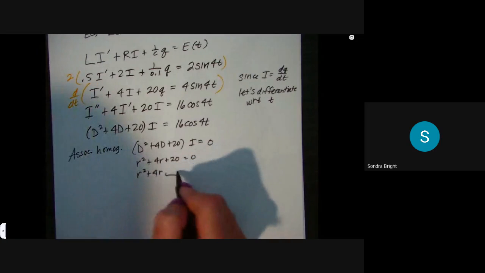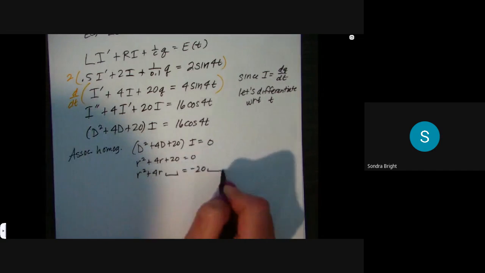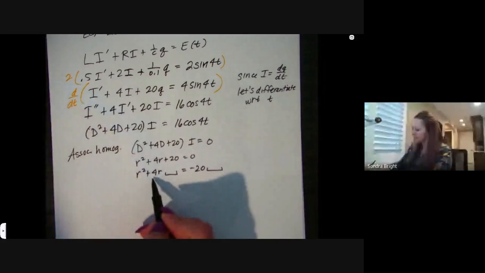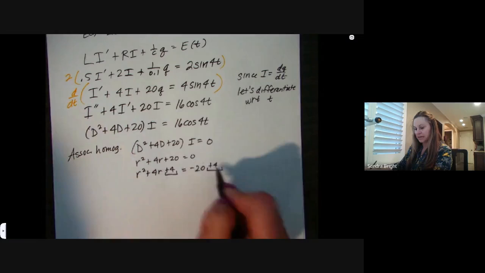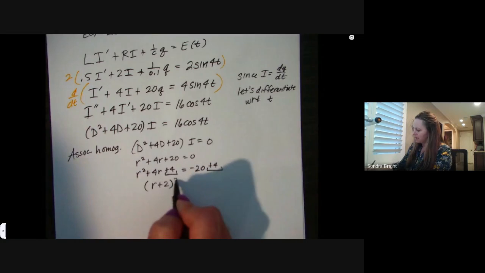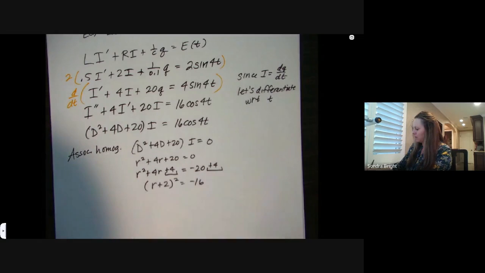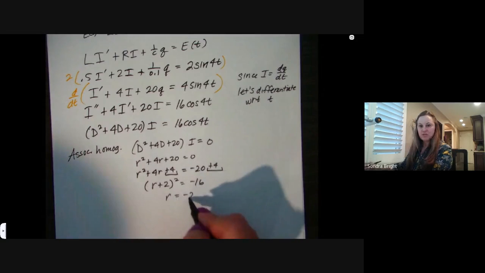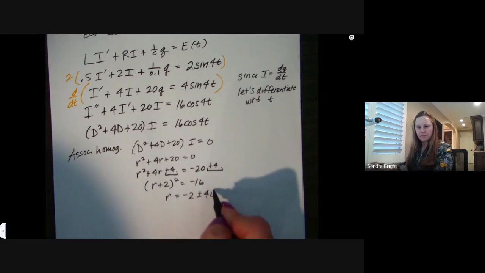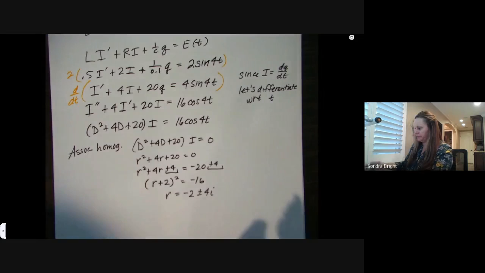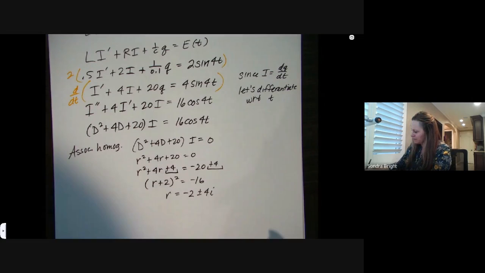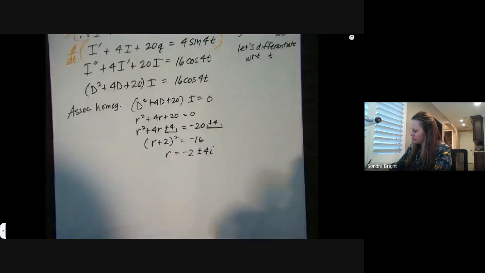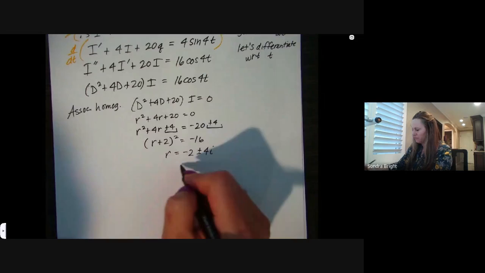And that would be 4 divided by 2 is 2. 2 squared is 4, so I'm adding 4 to both sides, which gives me an r plus 2 quantity squared is equal to negative 16. And so that will give you an r equals negative 2 plus or minus 4i. So remember how you handle complex solutions, right? This is your A is negative 2 this time, and your B is 4.